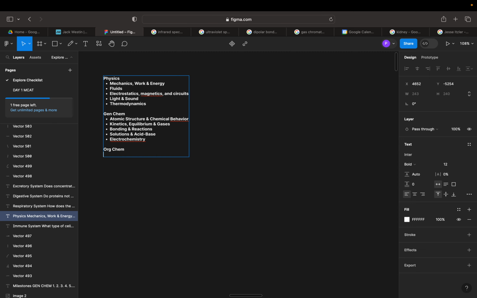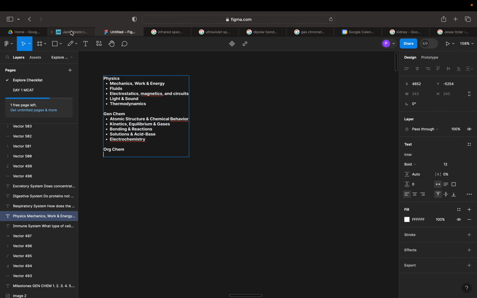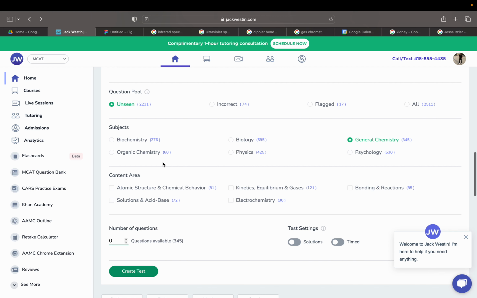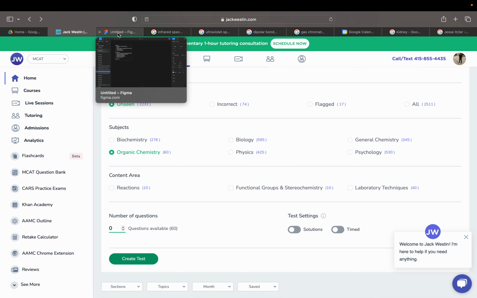org chem. Honestly, I think org chem is my weak spot, so definitely I need to work more on it. And fortunately, there's only these three main content areas.